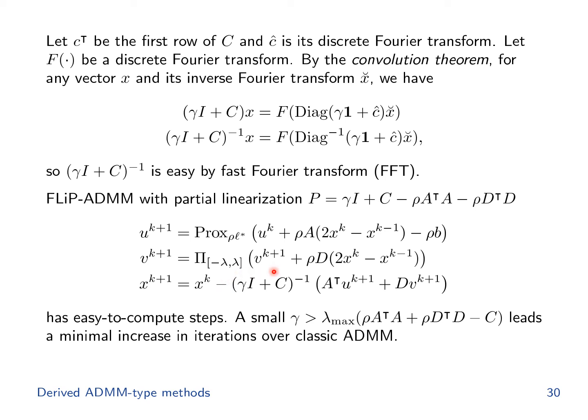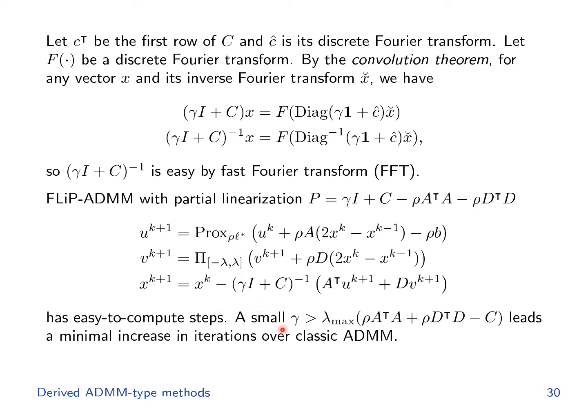And we don't compute this inverse, we use Fourier transform or fast Fourier transform to implement this line. So they have easy to calculate steps. The first step involves multiplying matrix A to a vector followed by the proximal of L star. And the second one, multiply a matrix D to a vector and followed by a projection to a box constraint.